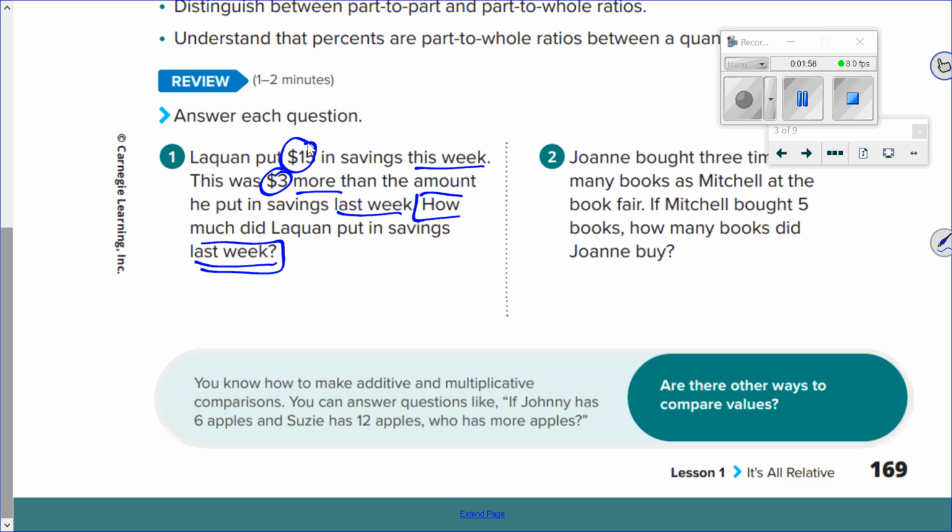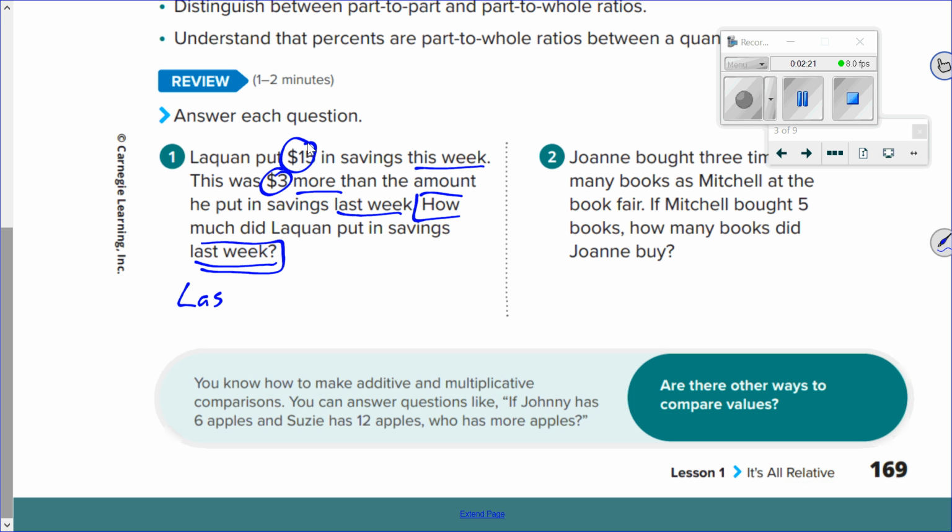It's more than last week. You should have stuck with your answer. You were right. Okay? But that's what I wanted to point out to you. Just because it says more than doesn't mean it's automatically going to be adding, right? You had to look at the relationship. It was more than last week, but they gave me this week. So if they gave me this week and I'm looking back, that means I would need to subtract. Does that make sense to everybody?